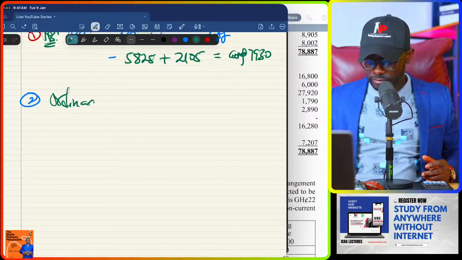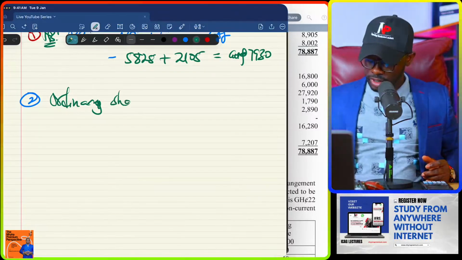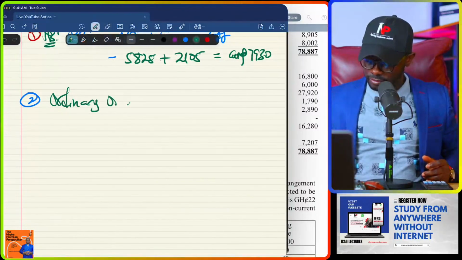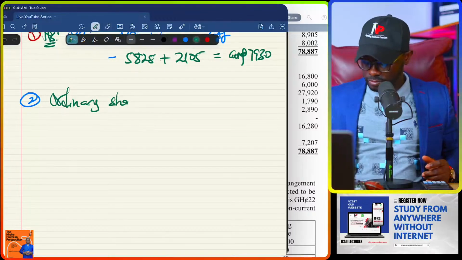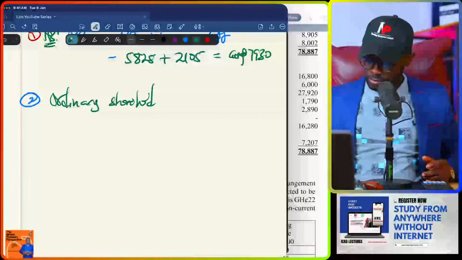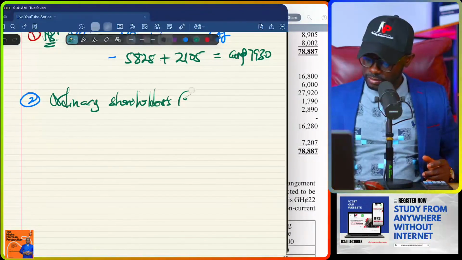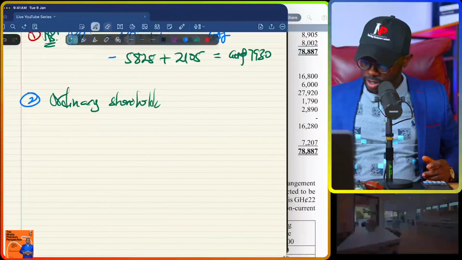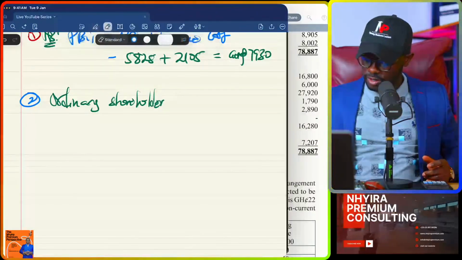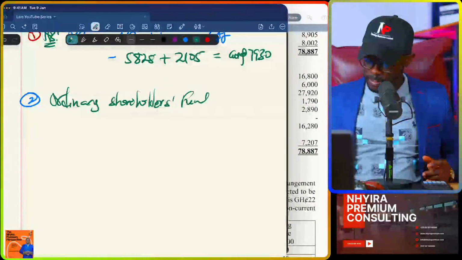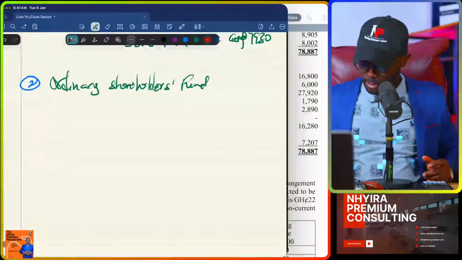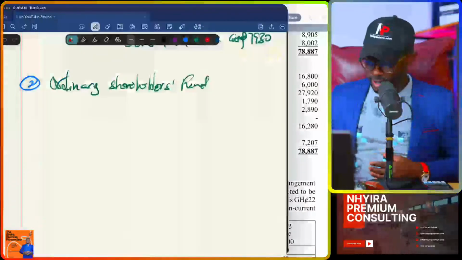Ordinary shareholders fund. So let's bring first the equity shares.